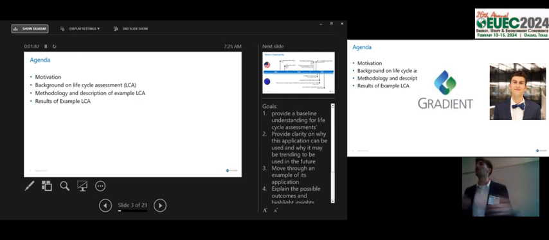Then I'm going to intro you guys into life cycle assessments, that process, the current ISO standard process. And then to illustrate the process of applying lifecycle assessments to a remediation project, we've actually created a hypothetical site where we apply these principles to the site, and then we'll discuss the outcomes of applying this process.